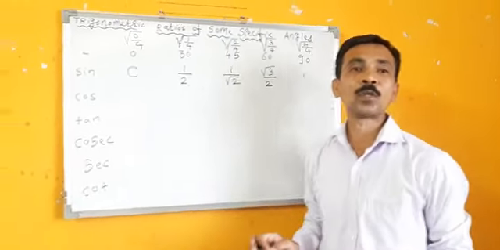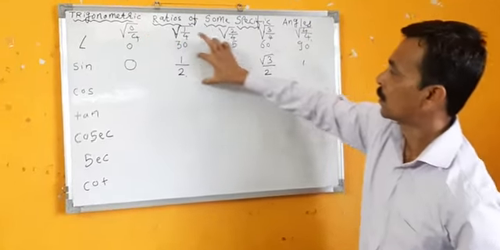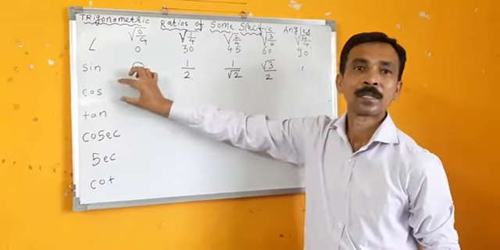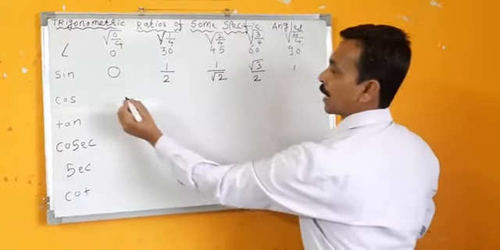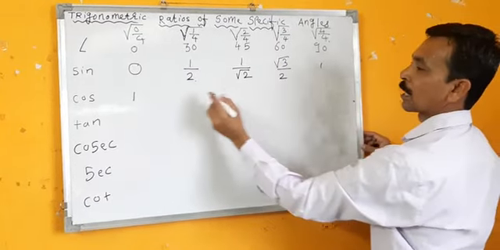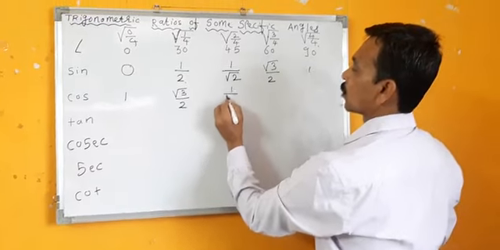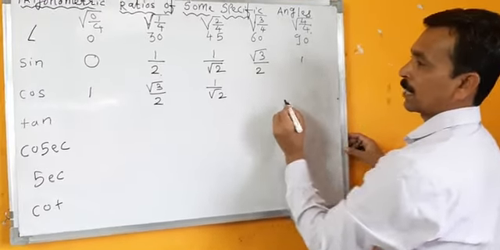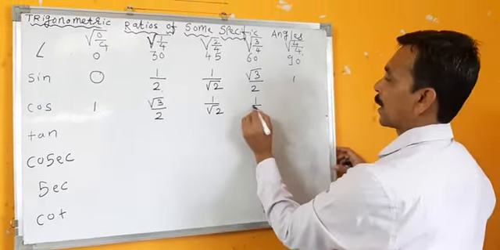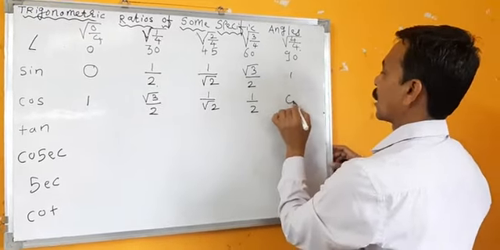Now for cos, you don't have to find anything. Take all these values this way. Understood? Then 1 will come here, root 3 by 2 will come here, 1 by root 2 will remain here, 1 by 2 comes here and 0 comes here.